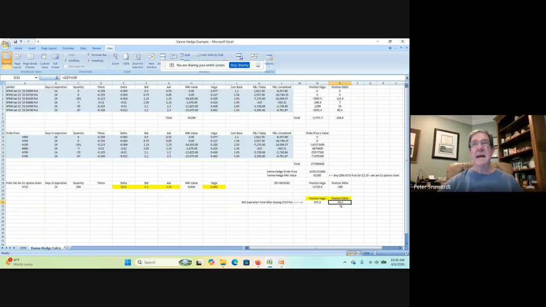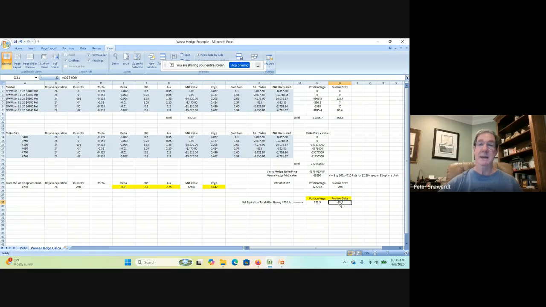The last time I remember having an issue with a Vanna hedge, in fact the only time I've ever had an issue with a Vanna hedge that I left on, was Liberation Day last year. I Vanna hedged the part of the portfolio that didn't get liquidated on April 3rd, and by April 7th, we were there.